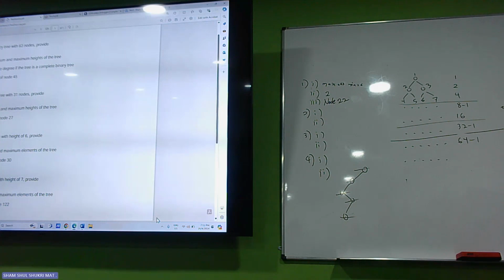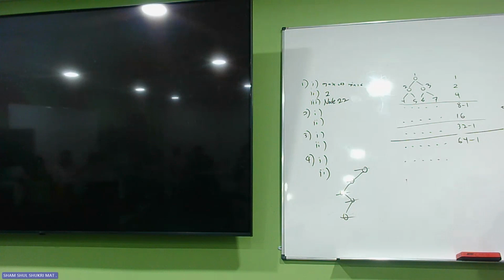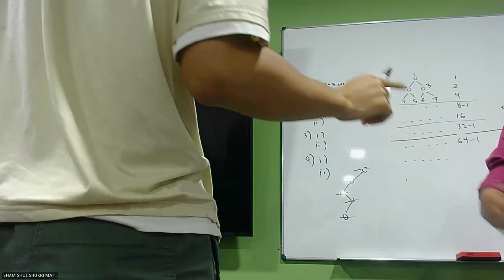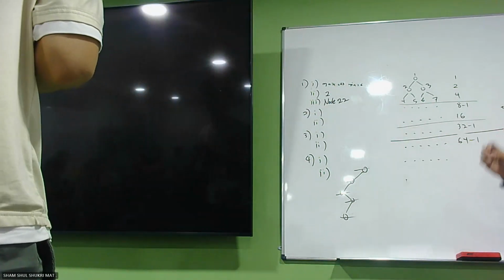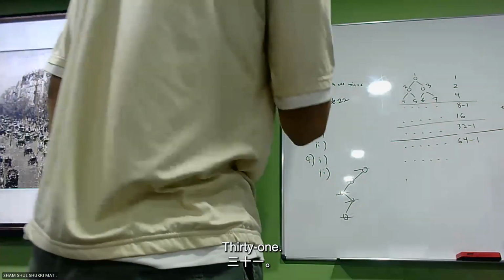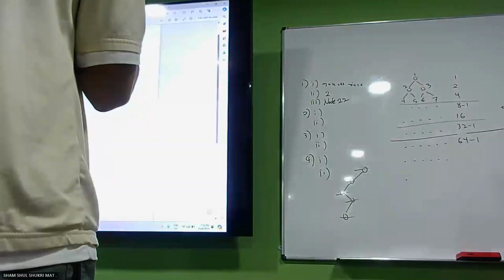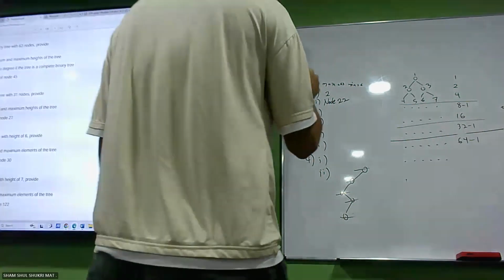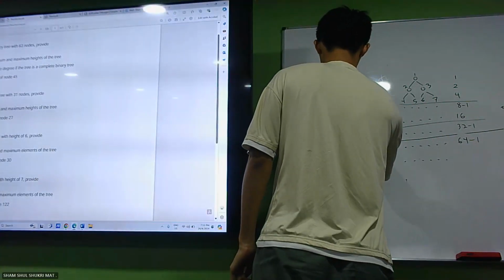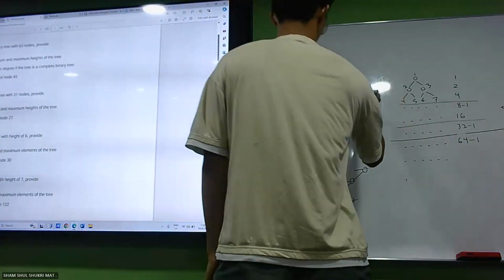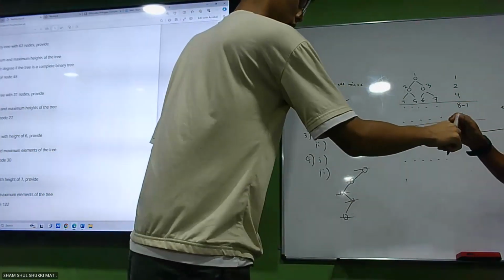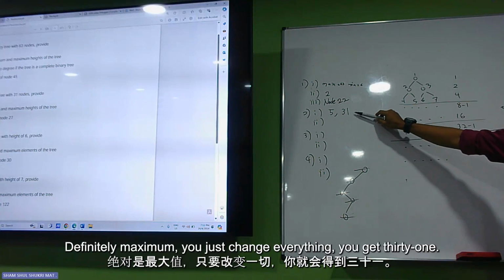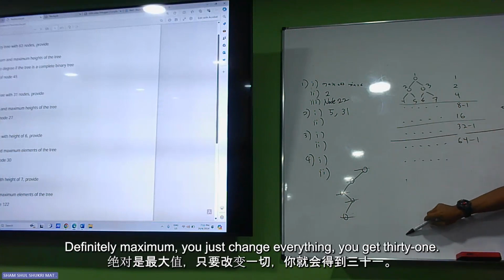Next. So 31, definitely maximum you just chain everything, you get 31.